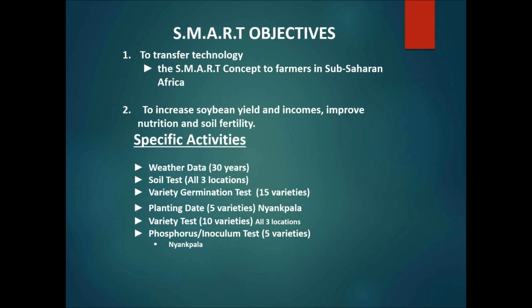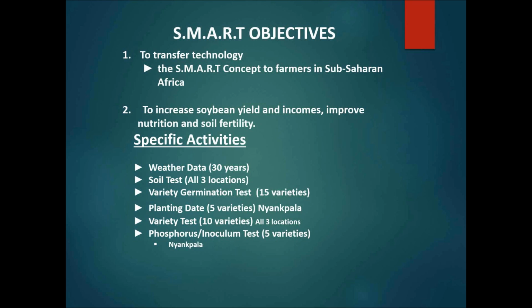Over 30 years back data was collected, and then we also conducted soil tests in 3 locations, which we'll be seeing shortly. We conducted 3 experiments: seed germination tests, where we looked at 15 varieties, and then a planting date test with 5 varieties in Yankpala, in Tamale.